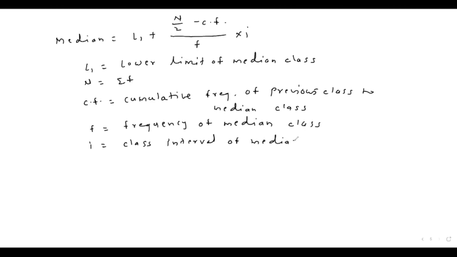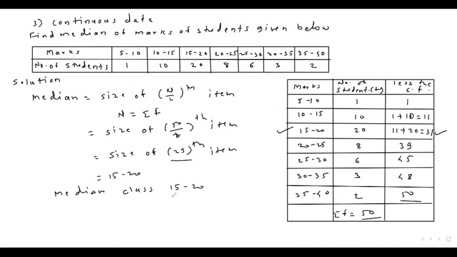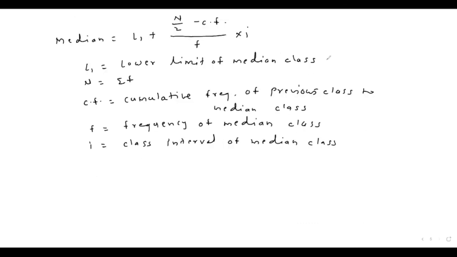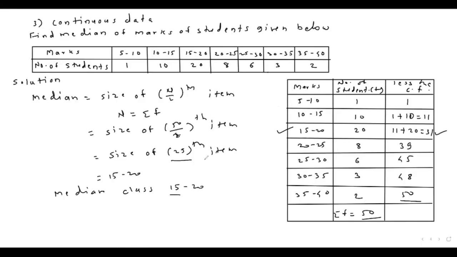So let me find all the values. The first value is the lower limit of the median class, meaning the smallest value of the median class, which is 15, so L1 is equal to 15. Now N, capital N, is the summation of frequency, which is 50.